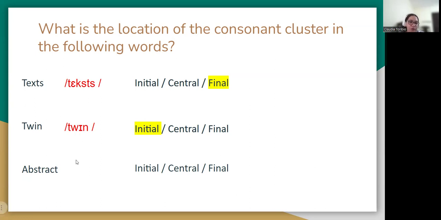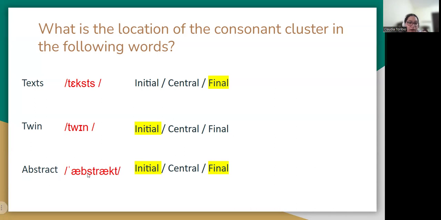Our last word here, abstract. Is the consonant cluster in the beginning, the middle, or the end? We have 2 consonant clusters in this example. Abstract. First, at the beginning, abs, we have b, s.